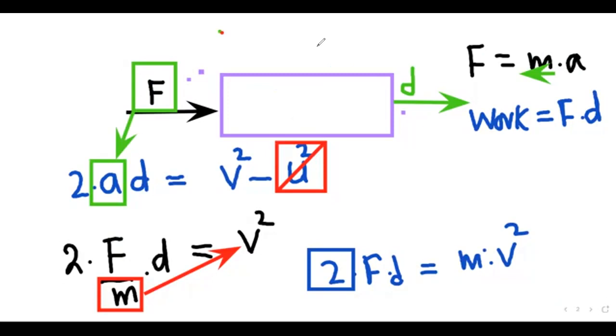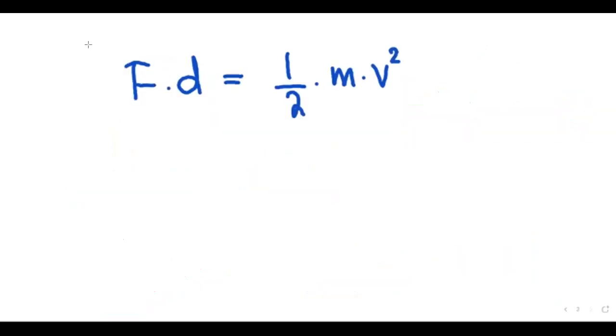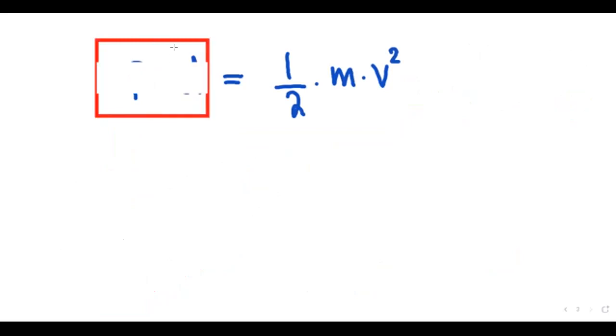Let's look at the definition of work done. Work done is equal to force times displacement. And here again we have force times displacement. So force times displacement, we can write as work done.